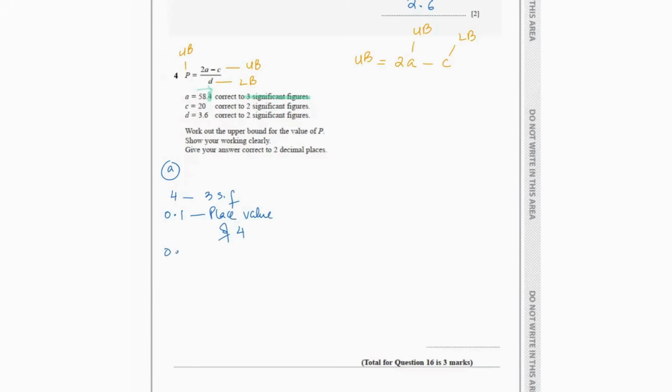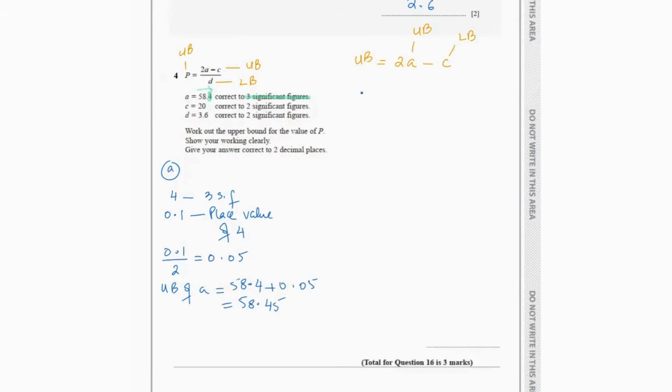So 0.1 divided by 2, that's 0.05. So for the upper bound of A, we add 0.05 to 58.4. If you were trying to find the lower bound of A, you would subtract 0.05 from the original value. So that's going to be 58.45.